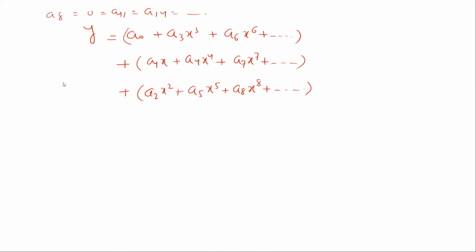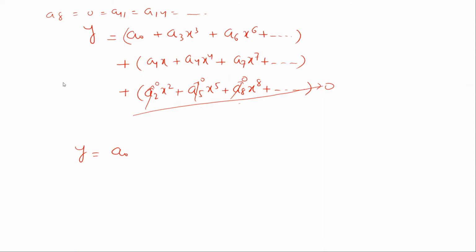Hence a_2, a_5, a_8 all are 0, so we will replace them with 0. For the remaining part, we can express a_3, a_6 all in terms of a_0.